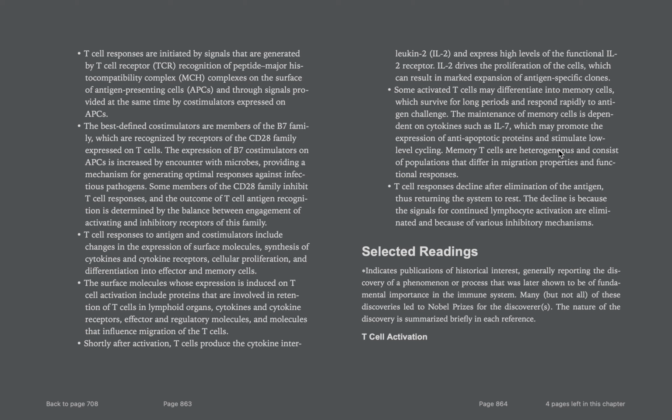So the T cell's responses to antigen and costimulator include changes in expression of surface molecules, synthesis of cytokines and cytokine receptors, cellular proliferation, and differentiation into effector and memory cells. The surface molecules whose expression is induced on T cell activation include proteins that are involved in retention of T cells in lymphoid organs, cytokines and cytokine receptors, effector and regulatory molecules, and molecules that influence the migration of T cells.